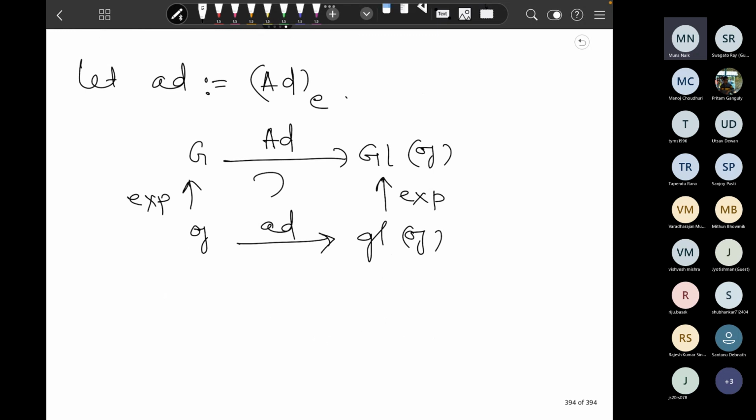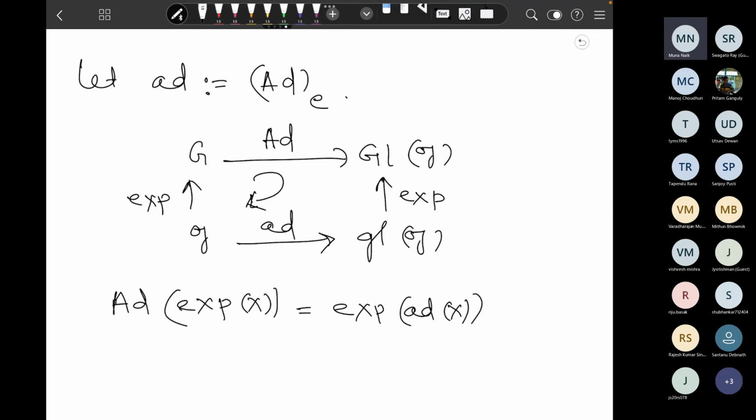So from here you will get R of exponential of x equals exponential of r x. Now r x is an element of gl(g), and we are in the matrix setup.